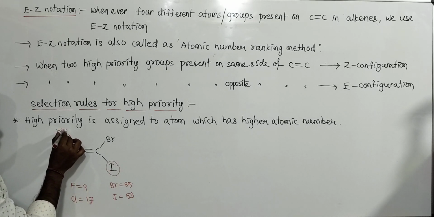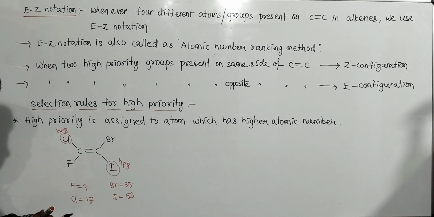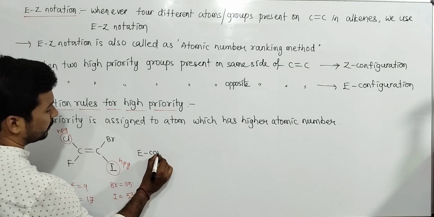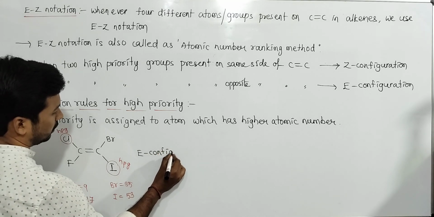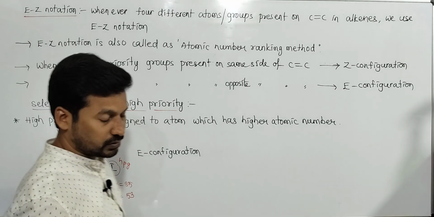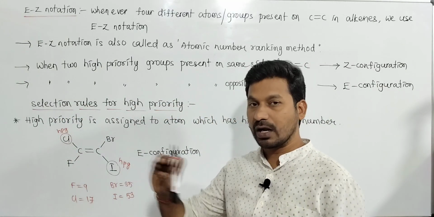The high priority groups are on opposite sides, so this is E configuration. It is not possible to say whether it is cis or trans, because these are not similar groups.